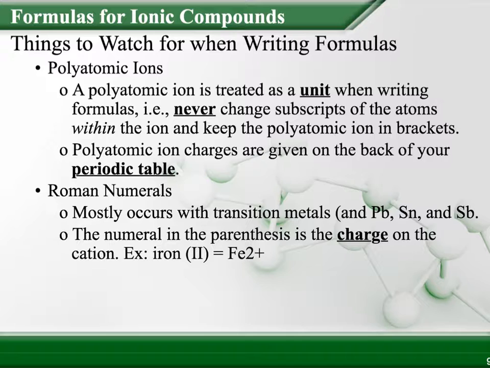So what we're going to do is identify the number in parentheses for the Roman numeral, and we're going to use that as the charge. So whatever the Roman numeral is the charge on the metal.